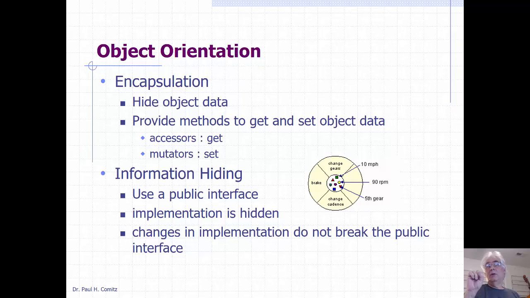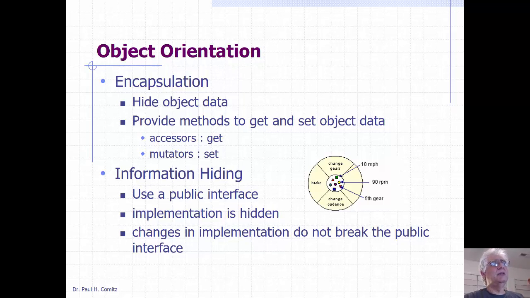What's the great advantage of this? Think back to the discussion from a few minutes ago of procedural programming, where you had these dependencies between sections, and you made a change in one place, it caused this rippling effect elsewhere.